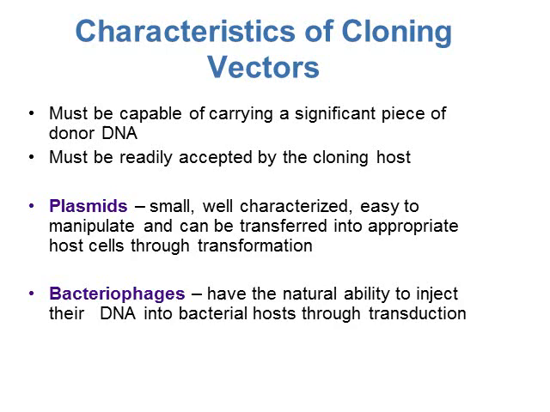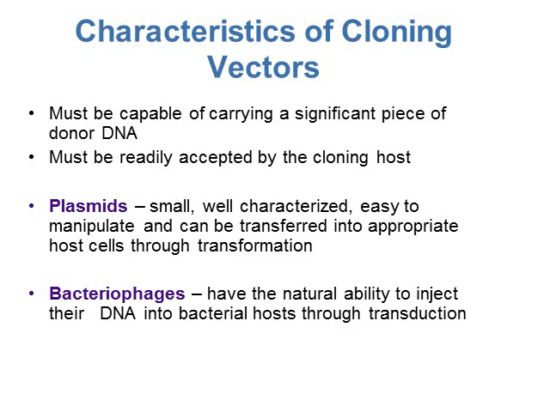Our cloning host has to accept the vector, and it has to be able to live with the vector in it and produce that gene of interest. Usually for vectors, we use what are called plasmids. They're small, well characterized, and easy to manipulate, so we know what's on these plasmids, and they can be transferred into the host cell through transformation very, very easily.